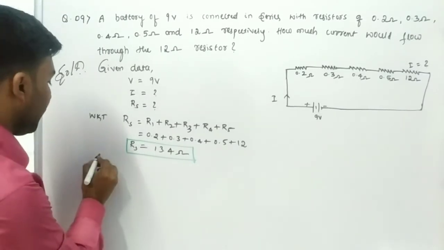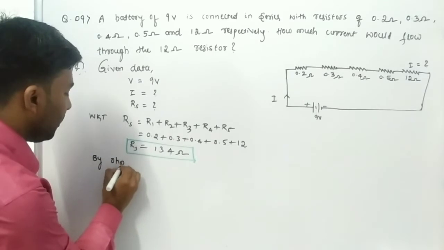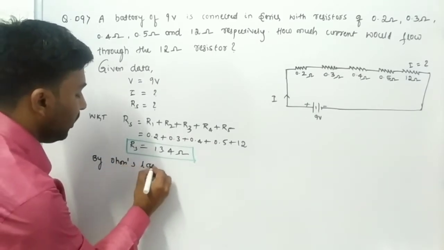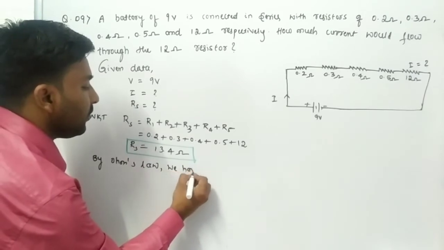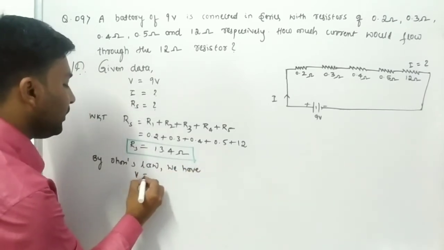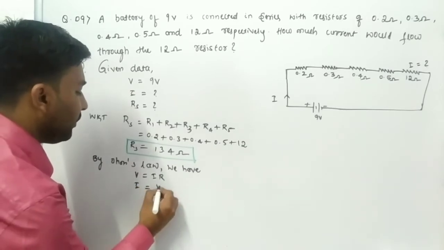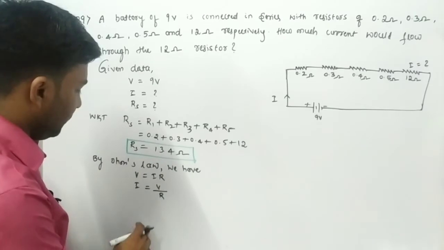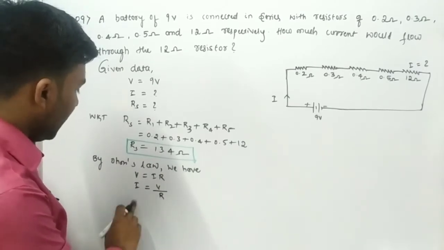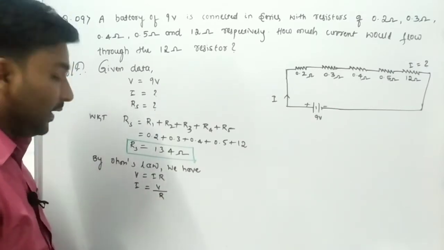So by Ohm's law, we have V is equal to I into R. Therefore I is equal to V by R, right?